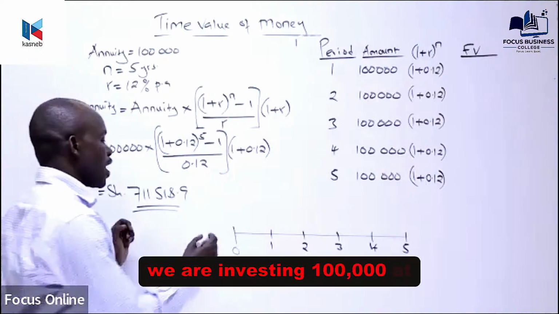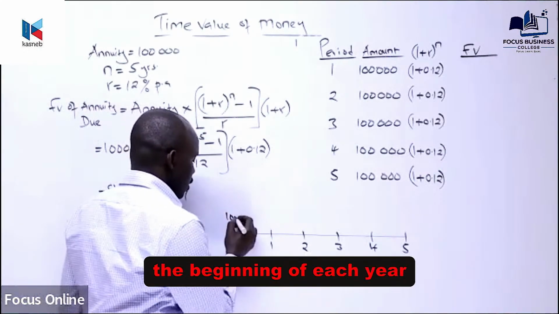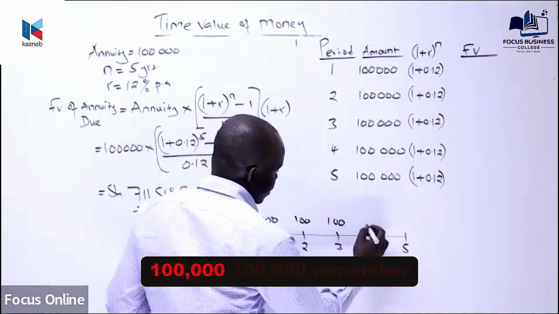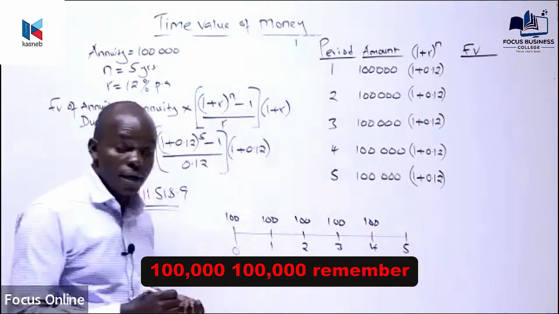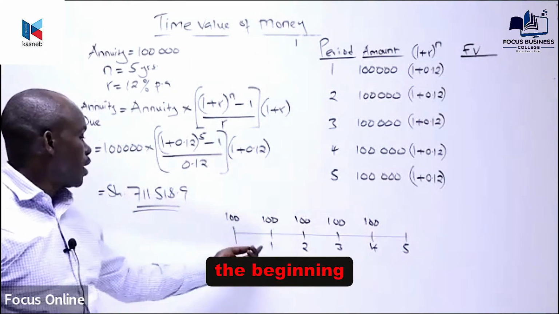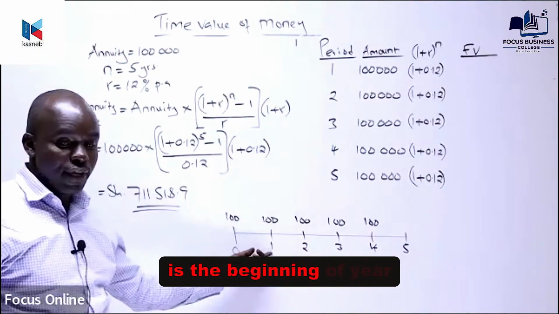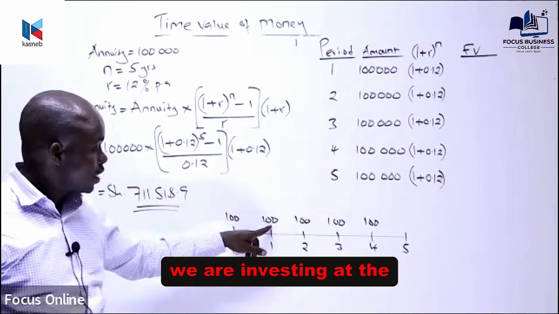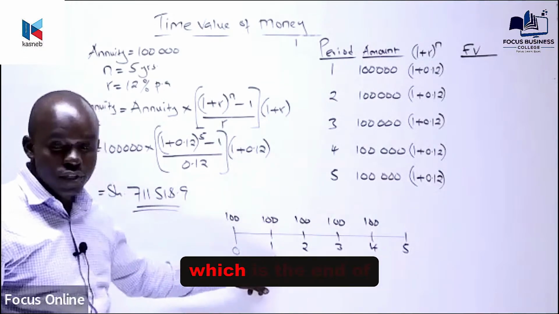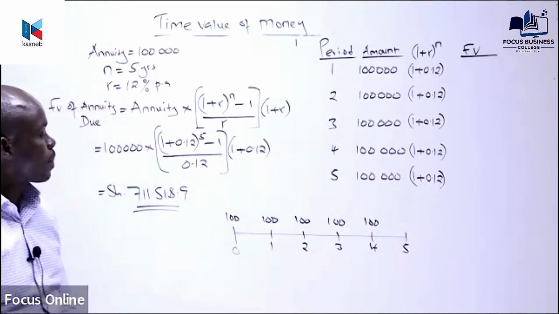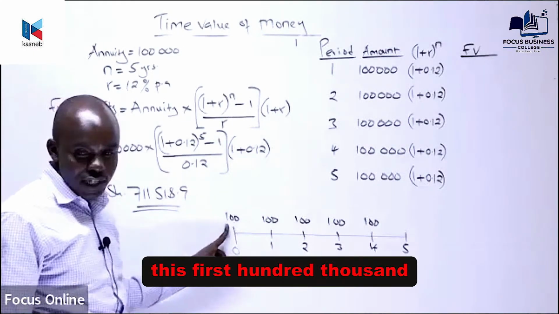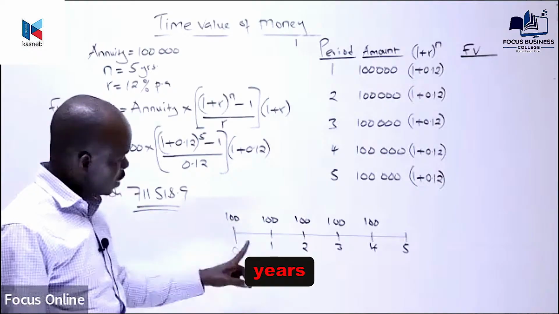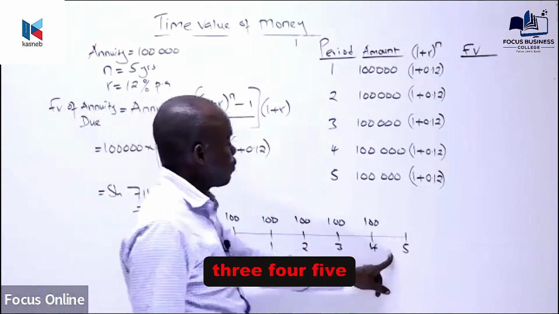So we are saying we are investing 100,000 at the beginning of each year: 100,000, 100,000, 100,000, 100,000. Remember, the end of year 1 is the beginning of year 2. So this first 100,000 that was invested at the beginning of year 1, how many times will it earn interest in a period of 5 years? 1, 2, 3, 4, 5.